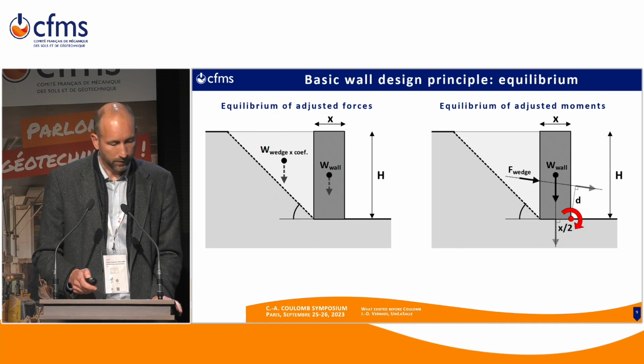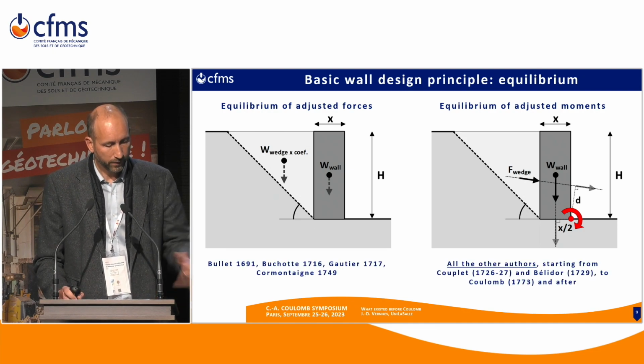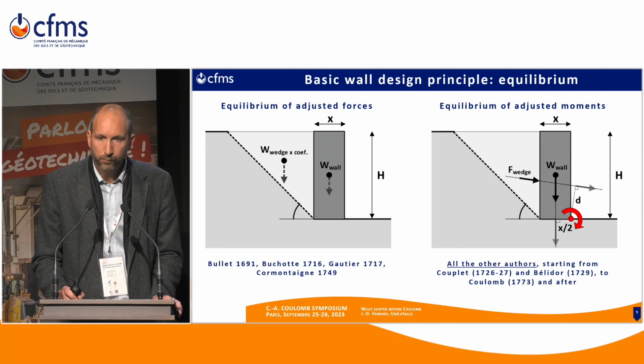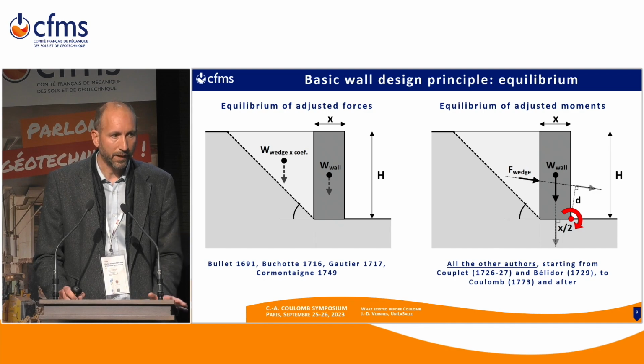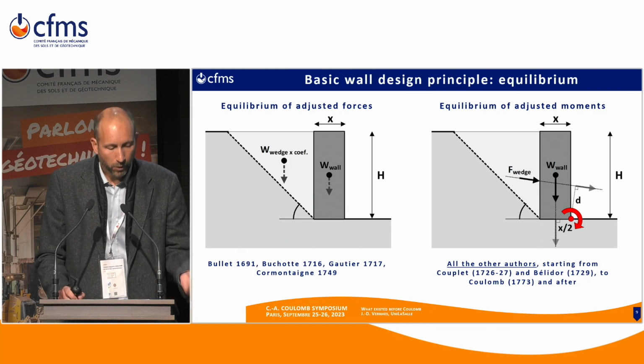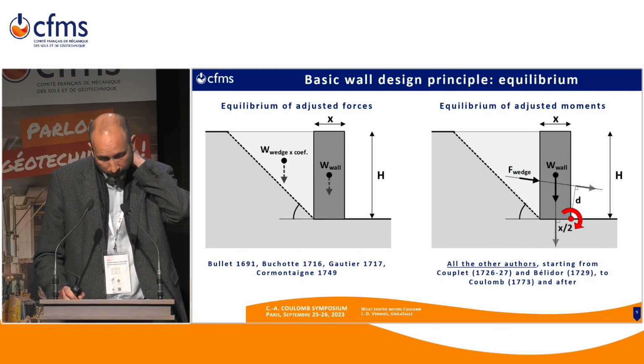But many engineers, after Bullé and three others, starting with Couplet and Bélidor in the 1720s, considered that the main failure mechanism for a wall was not sliding, but overturning, or falling over its downstream toe.